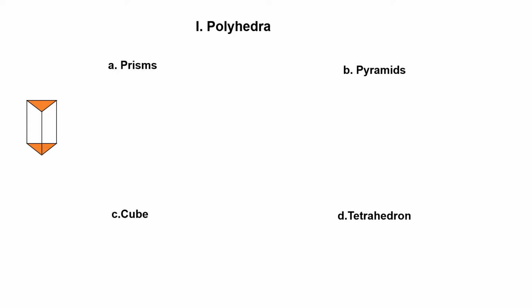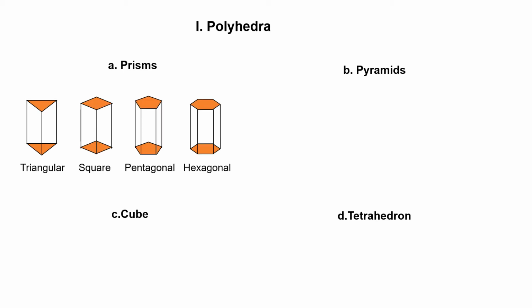Prism: a polyhedron formed by two equal parallel end faces connected by side faces which are rectangles. Like this, these are the triangular prism, square prism, pentagonal prism, hexagonal prism. There may be an octagonal prism.